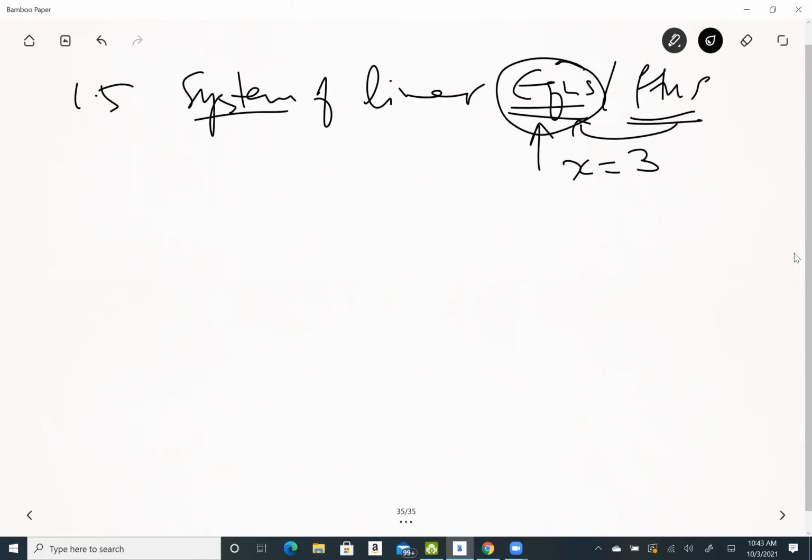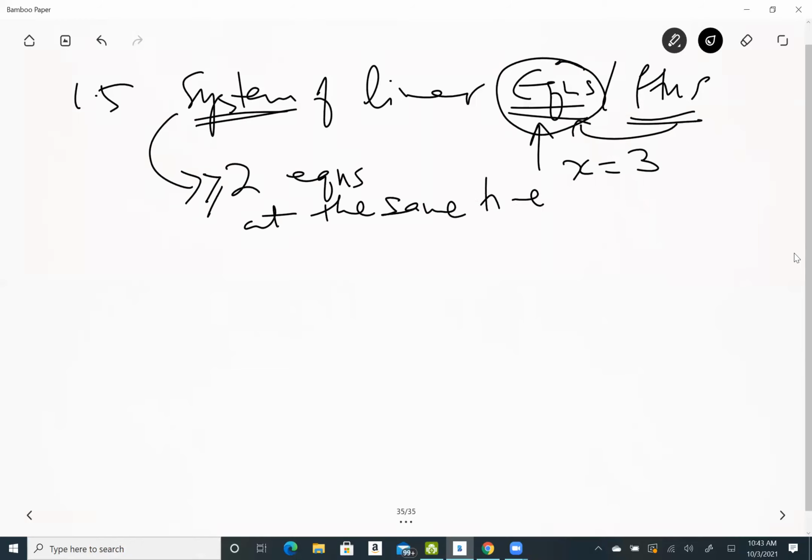So what is a system? A system of linear equations is where you have two or more equations at the same time. When you have two or more equations at the same time, we are interested in finding the solution. Now, what is the solution?